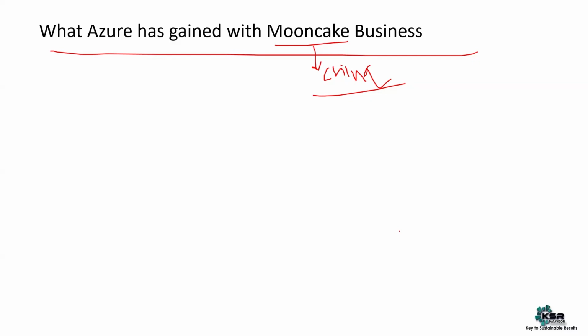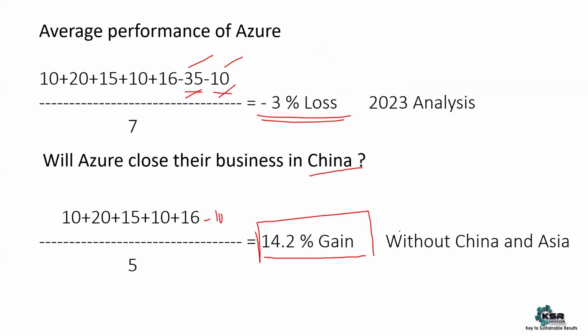They are not focusing on the fact that China business is negative, loss making. What is important to them is completely capturing every part of the world. That is how businesses work. So in order to understand all this information, you have to do all these calculations, and these calculations are done by data analysts.